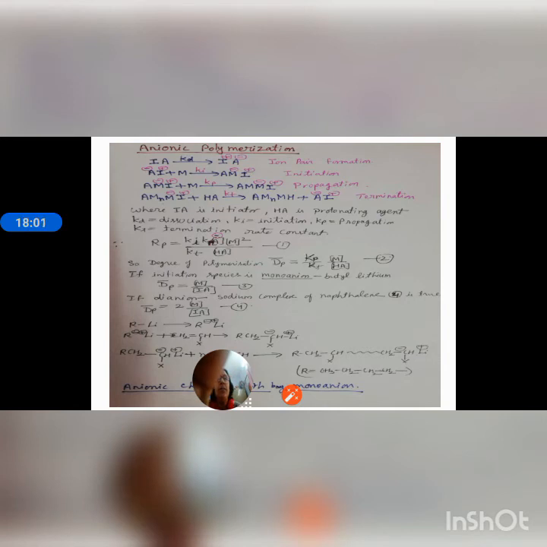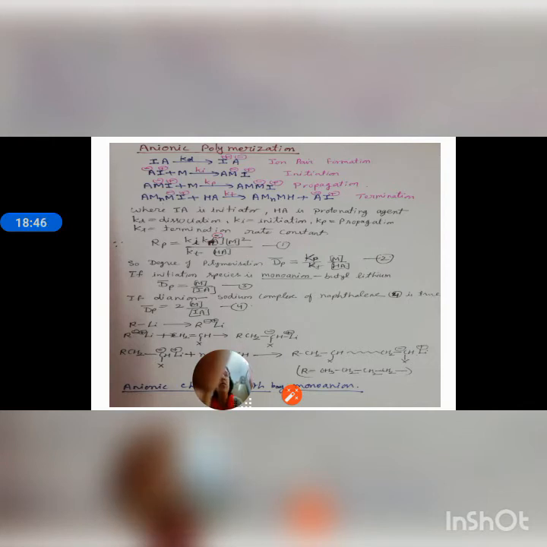In this step, IA is the initiator, HA is the protonating agent, Kd is the dissociation constant, Ki is the initiation constant, Kp is the propagation constant, Kt is the termination constant respectively. Then Rp, the rate of propagation, equals Ki Km [M]² upon Kt into [HA] concentration.